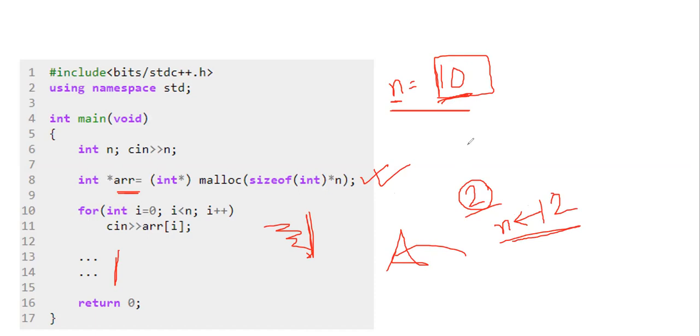Suppose at first you have taken 10 inside n, then did some work using this array, then you need two more elements inside the array, so you again assign 12, that is 10 plus 2, to n, and then copy the previous 10 values and insert new 2 values.